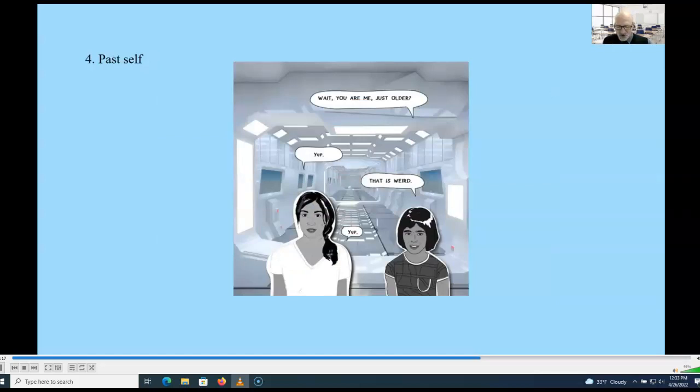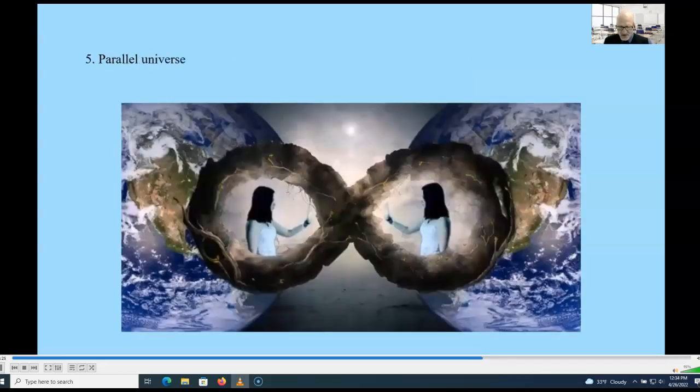Past self. Students go back in time to describe events or episodes with a different ending. And then the parallel universe, where you describe events or episodes using creative writing to insert imaginary characters and fictitious events. And it's okay to have fun with these, to be silly with these. Again, the process used transfers to any type of writing.